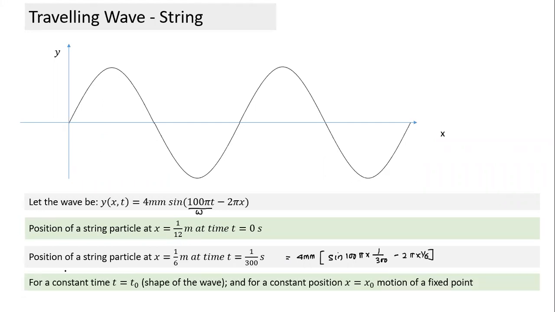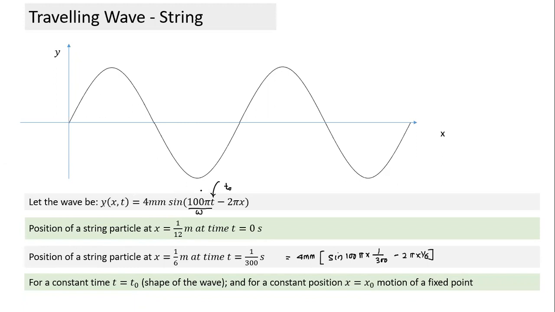Okay, let's understand. Suppose I substitute some constant value of time, which could be 1 second, 2 second, or in more general terms, a time t taken as a constant. What does this wave equation represent? If time t is equal to constant, it will be a relationship between y and x.